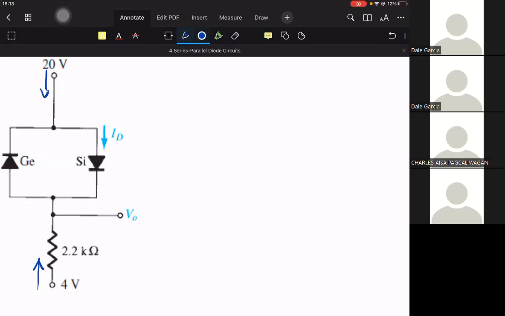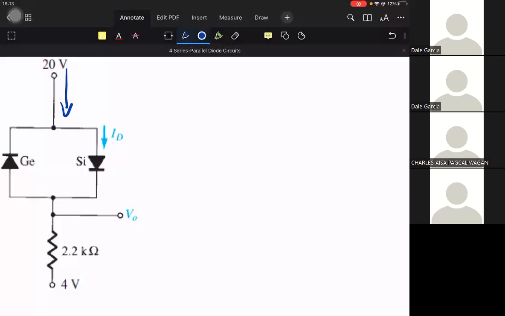And in this case, makita kung kinsa ang ma-overpower. Obviously, kung magnitude sa voltage, si 20 volts mas dako kaysa si 4 volts, so mas overpower si 20 volts. Ang effect ani is ang total actual current sa circuit would flow in this direction, because si 20 volts mas kusgan kaysa kang 4 volts.